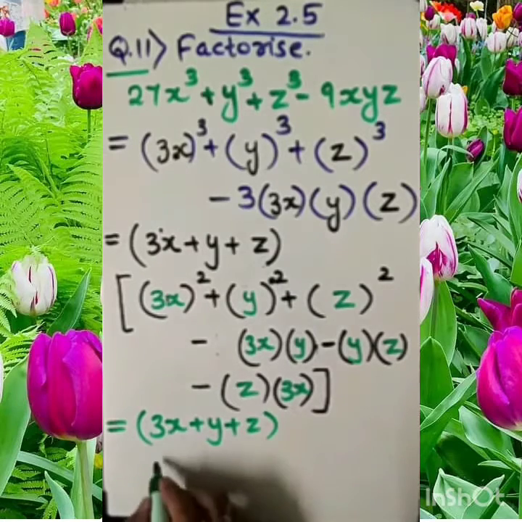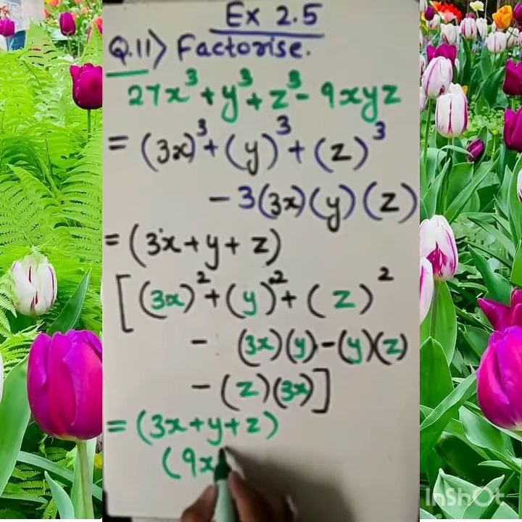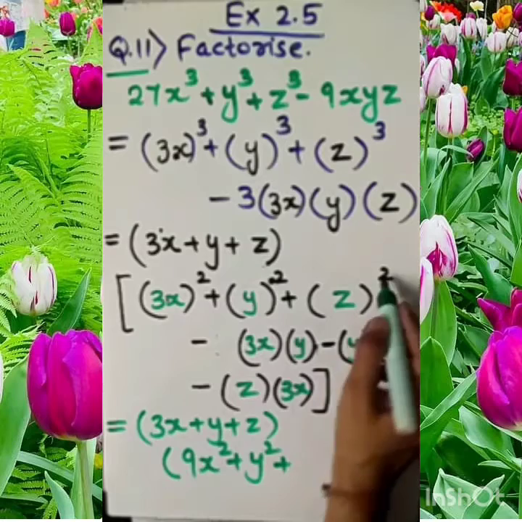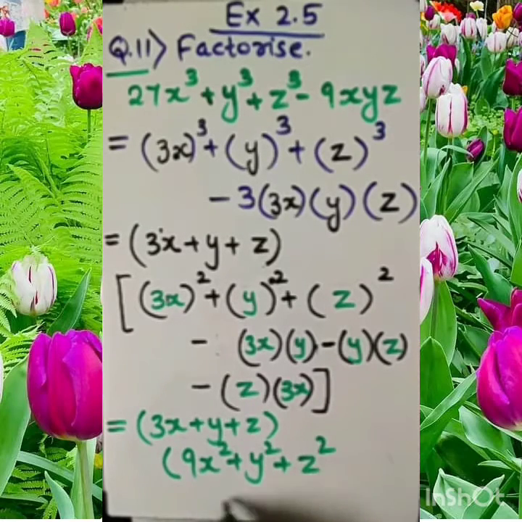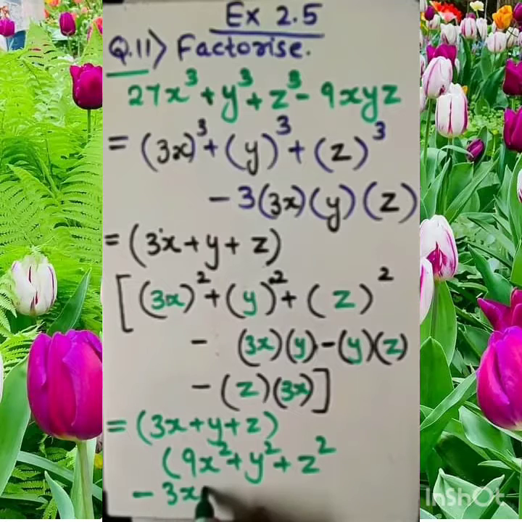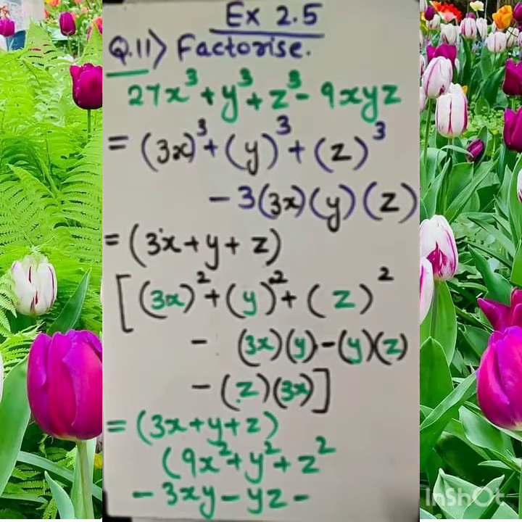In another bracket, 3x square will be 9x square plus y square plus z square minus 3x into y, that is 3xy, y into z, yz, minus 3z into 3x, 3xz. This is the complete solution.